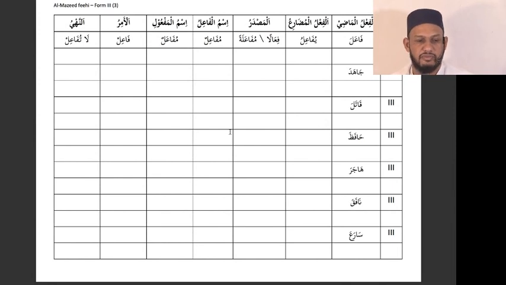So similar meaning to the first bab. Sara'a, he hastened. Yusari'u, he is hastening. Sira'an, hastening, hurrying. Musari'un, the hastener, the runner, the hurrier. Musara'un, possibly that which is hurrying about. Sari', hasten. La tusari', don't hasten.